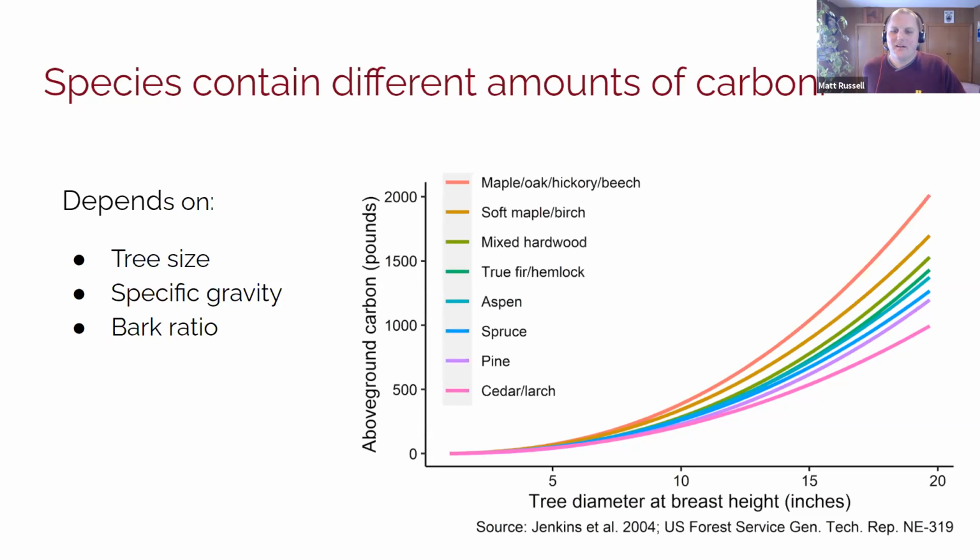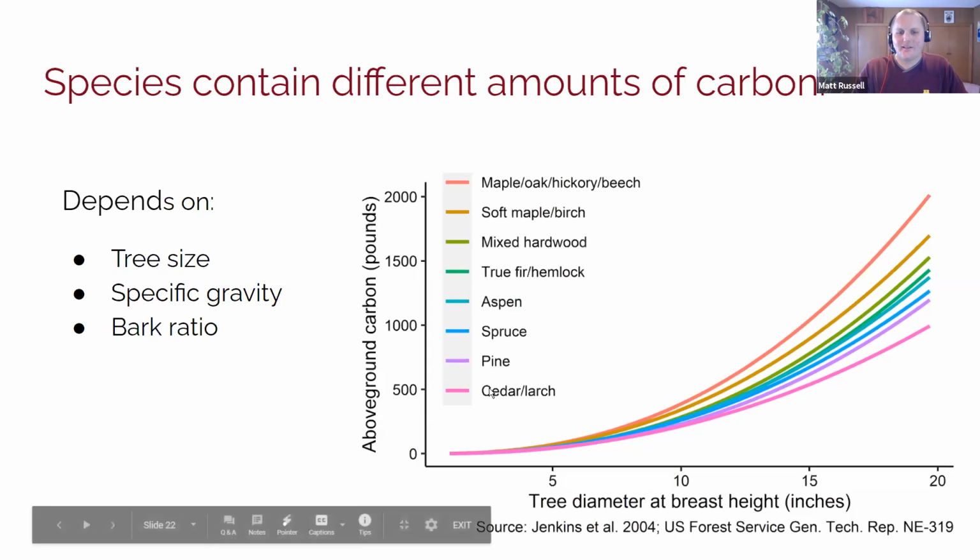So you can see in this graph, this is a classical paper in the forest measurements community that looks at quantifying the carbon and really the biomass. If we know biomass, we know what carbon is of different species. And so for these 8 or so different species groups, we can see that the maples, oaks, and hickories have the largest diameters or have the most carbon for a specified diameter.